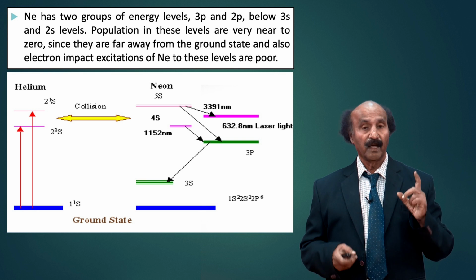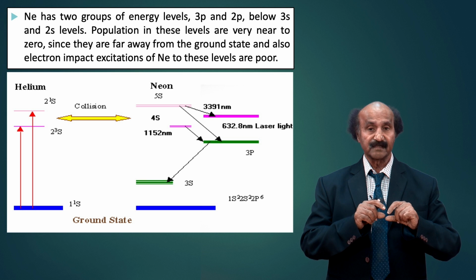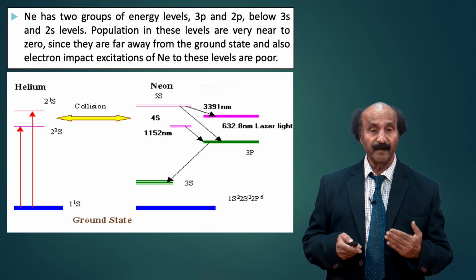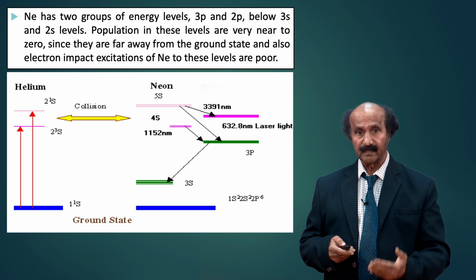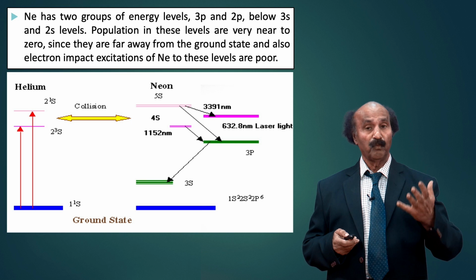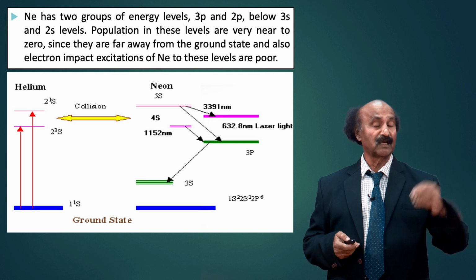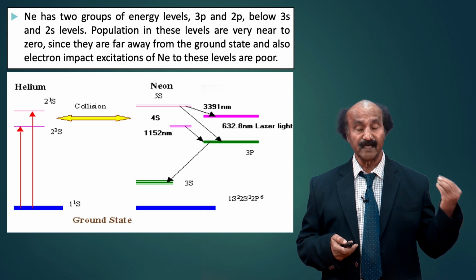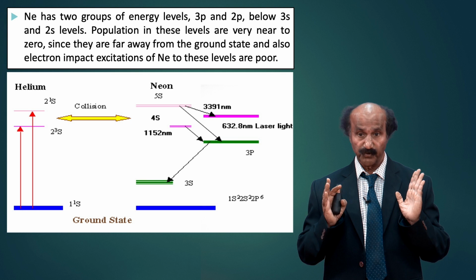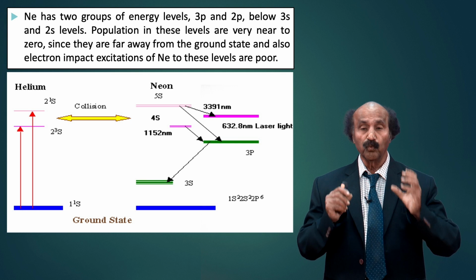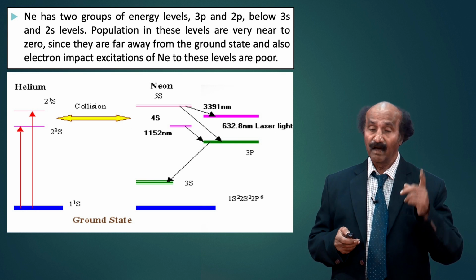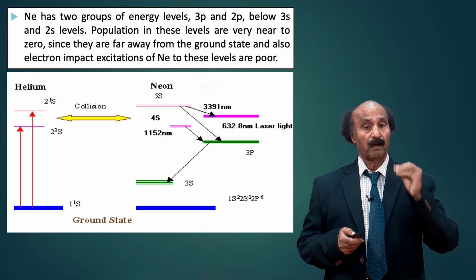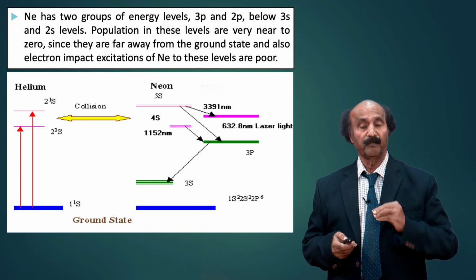Because of this, in a gas laser, particularly helium neon laser and argon ion laser, for helium neon 5 milliwatt, 10 milliwatt, 50 milliwatt, water circulation may be required, or air flow will be there. Continuous air flow will be circulated inside, so that the whole tube is cool. In argon laser, that air cooling is not sufficient. You need very good water cooling.